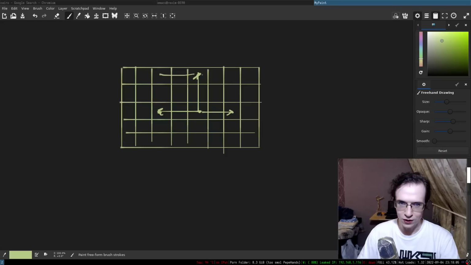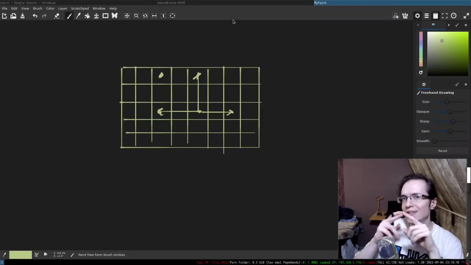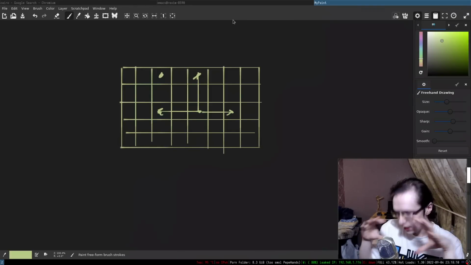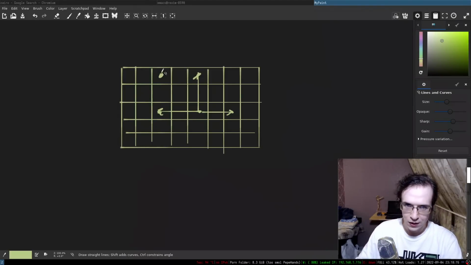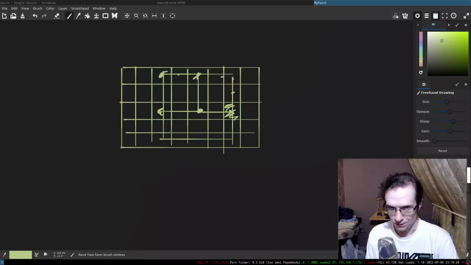On the intersection of these two things, I find the top left corner of the square that covers the entire circle. Then I outline that square and iterate through each pixel of that square. I take the coordinates of each pixel and see how close it is to the center. If it's closer than the radius, that means I have to color that pixel. That way I render the circle.